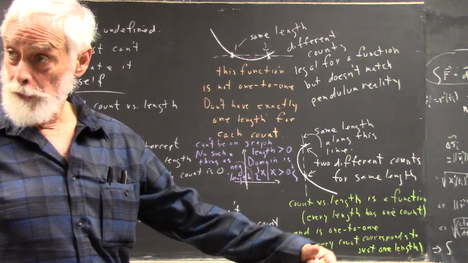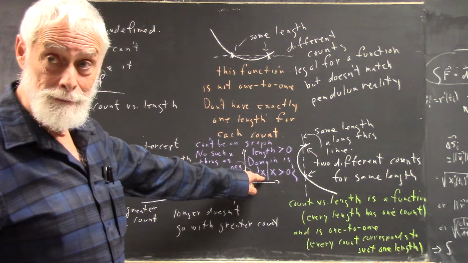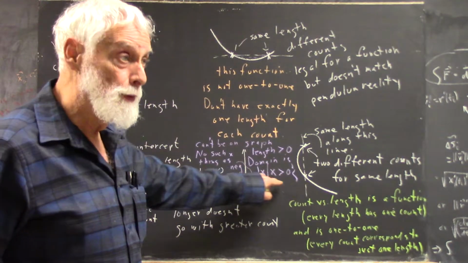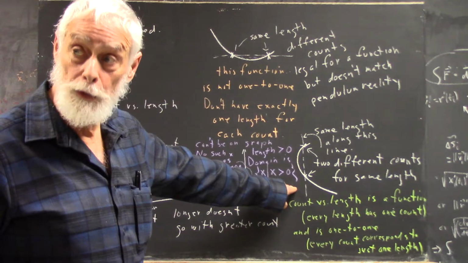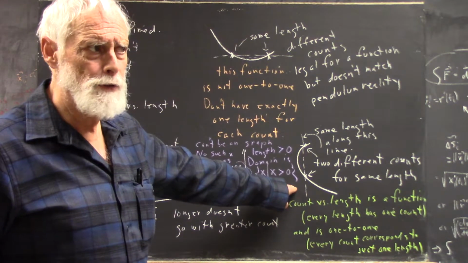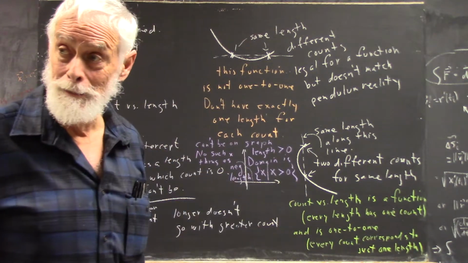Because we're using x for the length, right? So it's a set of all x's with the property that x is greater than 0. That's what this notation means. It's an important notation. Nobody's thought of a better way to write this condition.